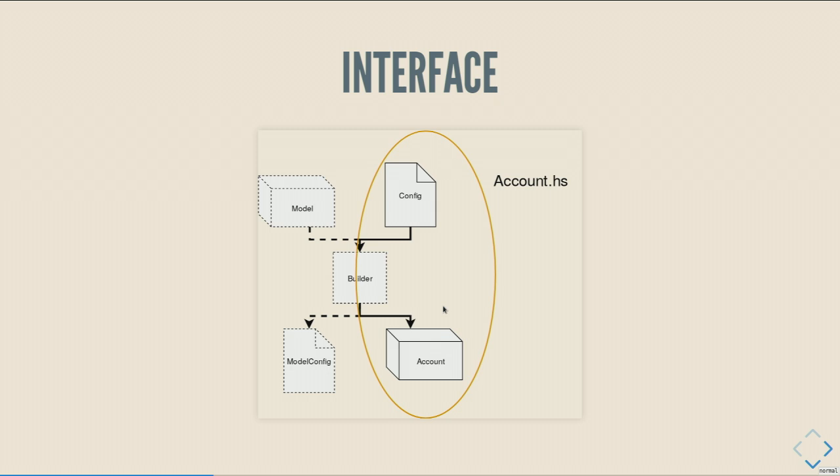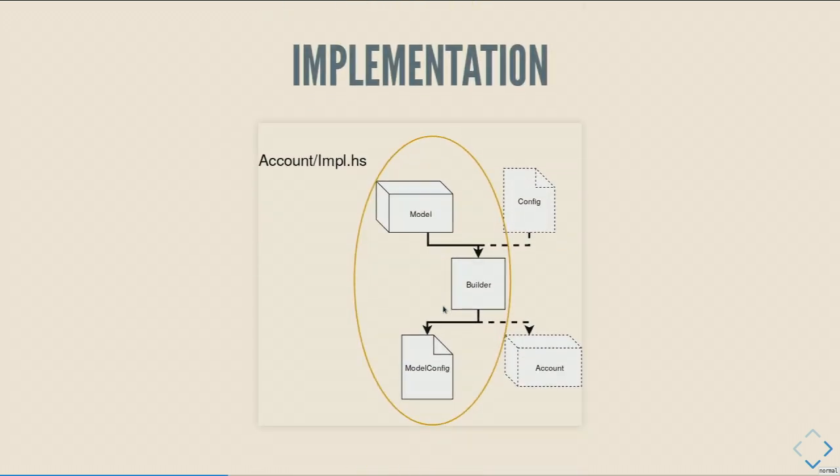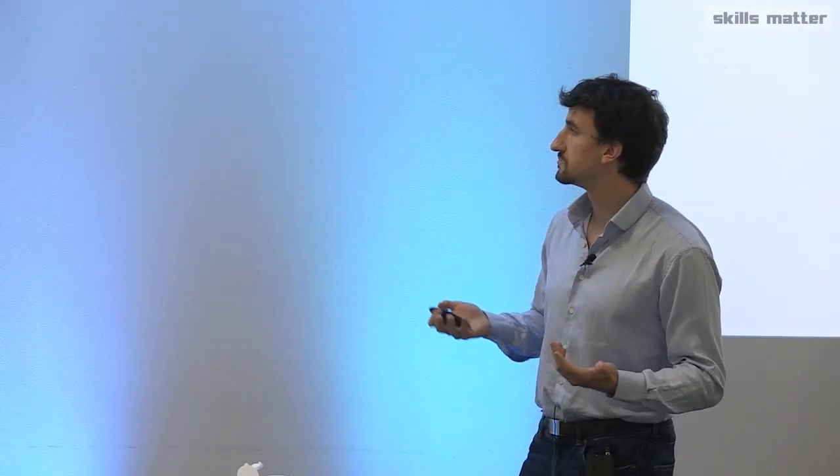And you have the component with usually the dynamics, which hold the state of the component, so you can access it. The other part is the implementation, which you really care about when you're constructing the component. You will need to pass in its dependencies, the model, and you will need to wire back the configs for its dependencies. And of course, the builder function is also an implementation detail.